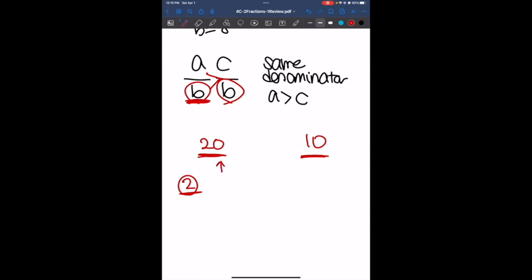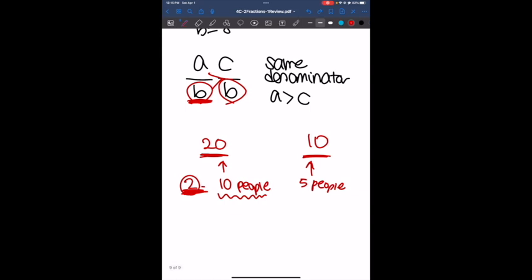Since we are dividing by 2, we can give candies to 10 people with 20 candies. But on the other hand, we can only give candies to 5 people with 10 candies. And so this is smaller. So basically, when the numerator is bigger and the denominator is the same, the fraction with the larger numerator is greater.